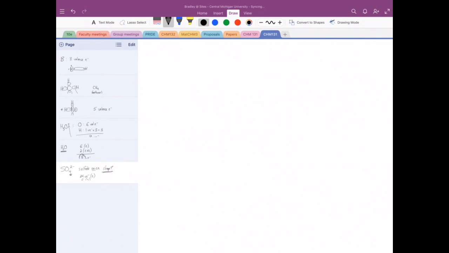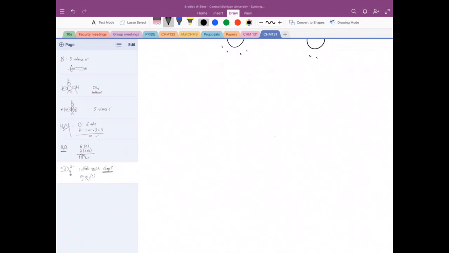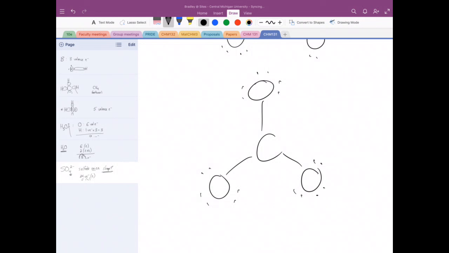Just like the carbonate that we did before, I think in the previous video, I showed carbonate. And that was one of these resonance forms as well. So, something like this. To get it right, the proper Lewis structure is this plus others, we'll say. But if you just draw it like this, do you still see this?